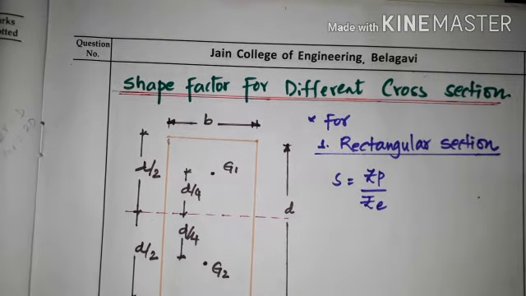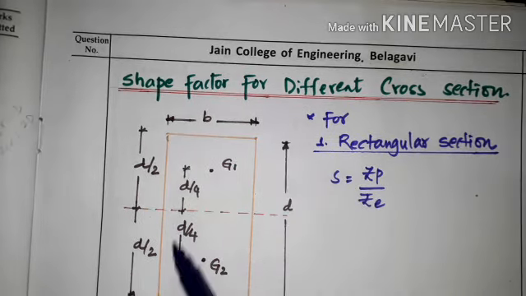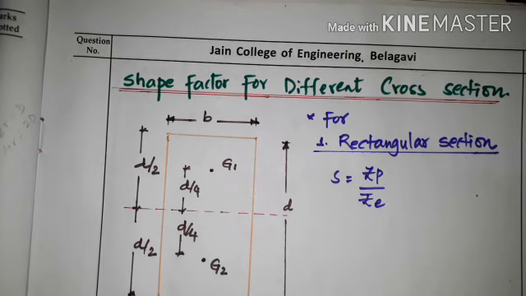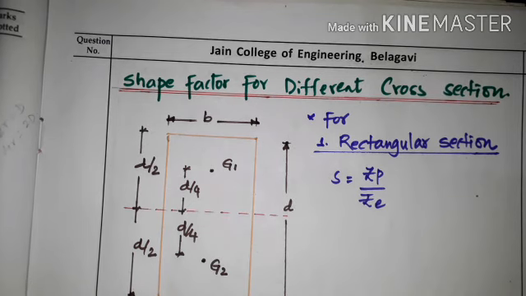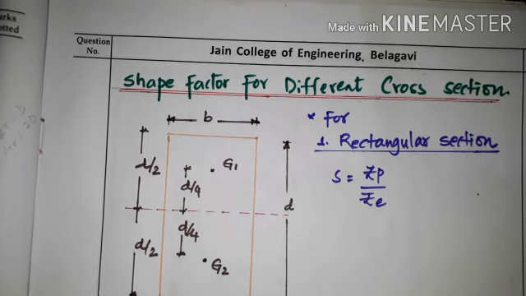The shape factor is a geometrical property of a section and it depends on the shape of the cross section. In the previous session I told you the shape factor will differ based on the cross section of the member, because it is a geometrical property of the member.